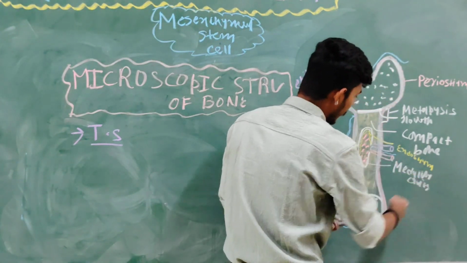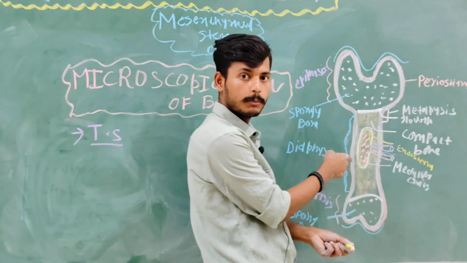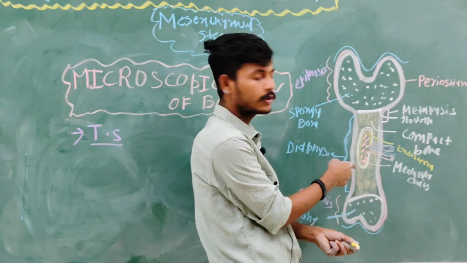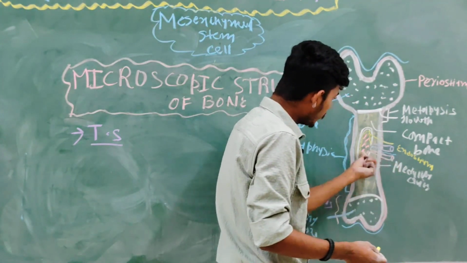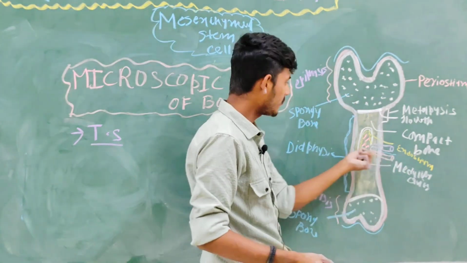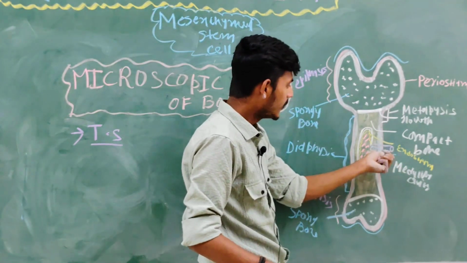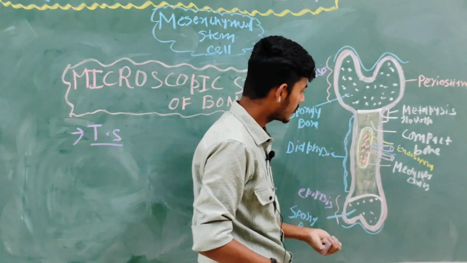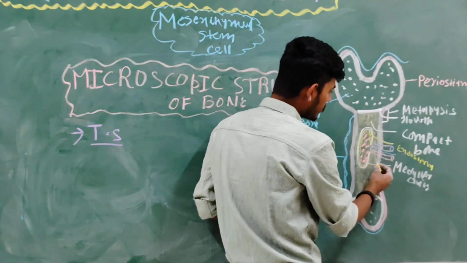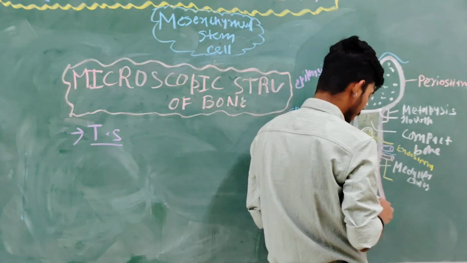In this medullary canal there will be neuroepithelial tissue, that's your bone marrow. Now there will be an opening for the nerves, blood vessels, and also the lymphatics. The artery which supplies this medullary canal is called the nutrient artery.